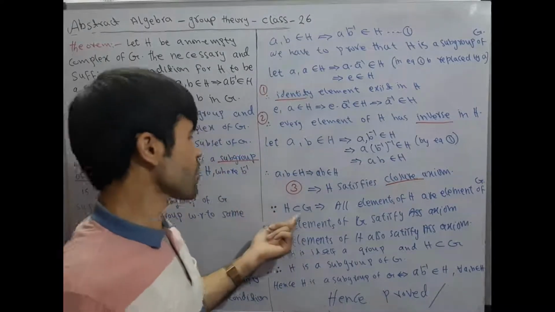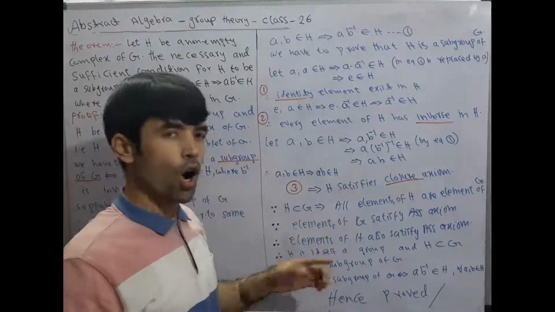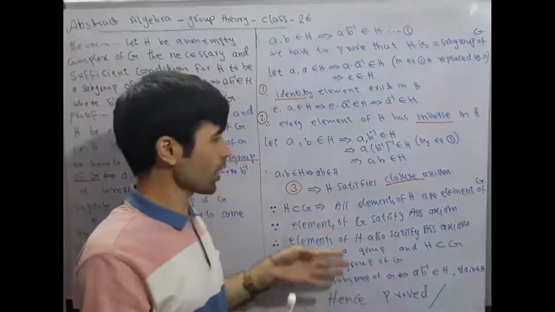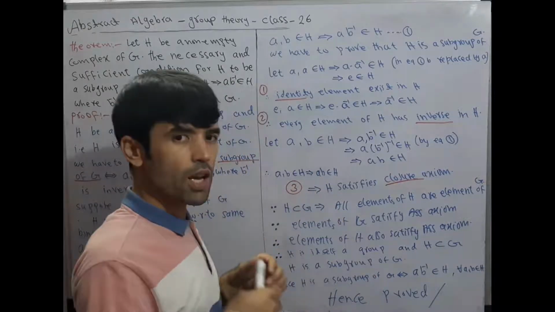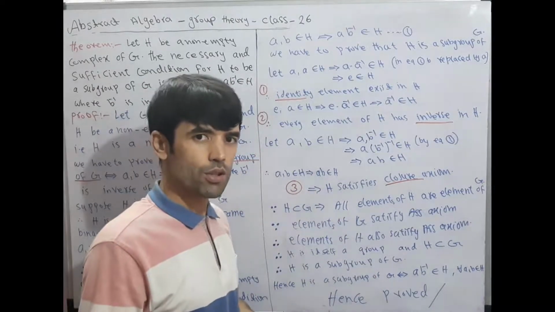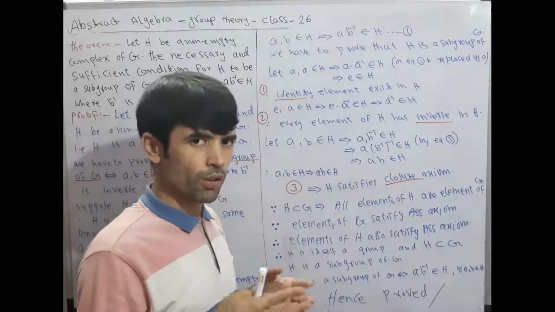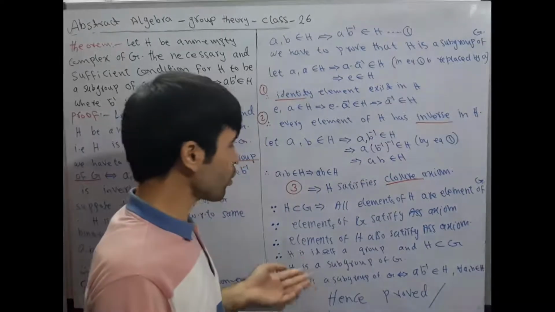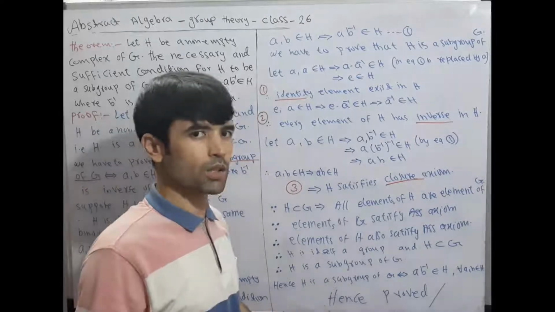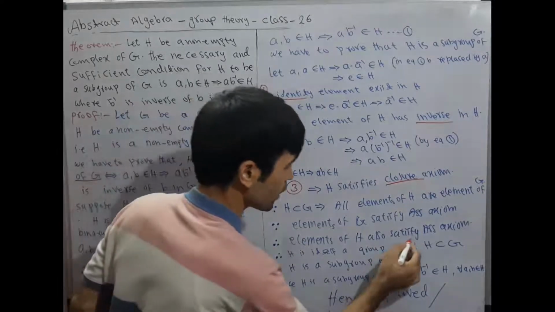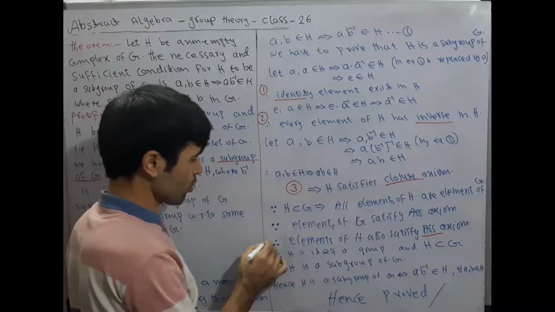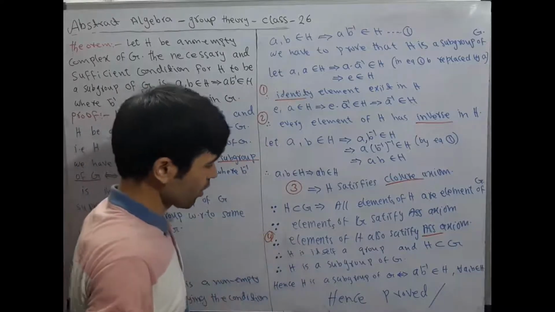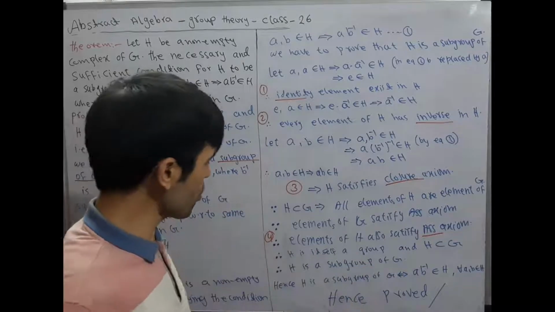We know that H is a subset of G. All elements of H are elements of G. Since every element of G satisfies the associative axiom, therefore elements of H also satisfy the associative axiom. So number 4, associative axiom also holds.